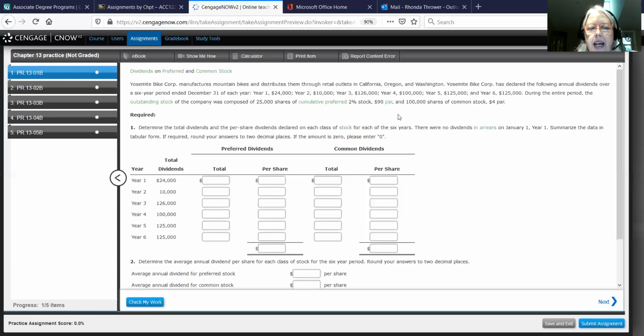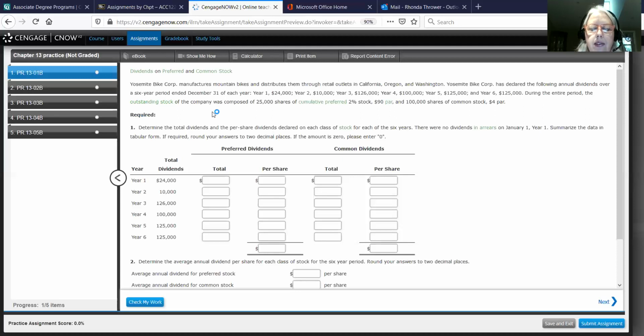When we're calculating dividends, and we have preferred and common stock that we are selling to our stockholders, there are some important definitions we need to understand for each class of stock. One important term is outstanding stock.